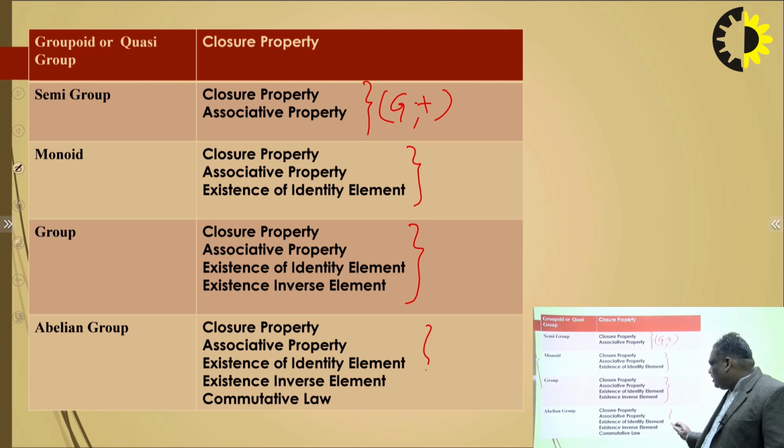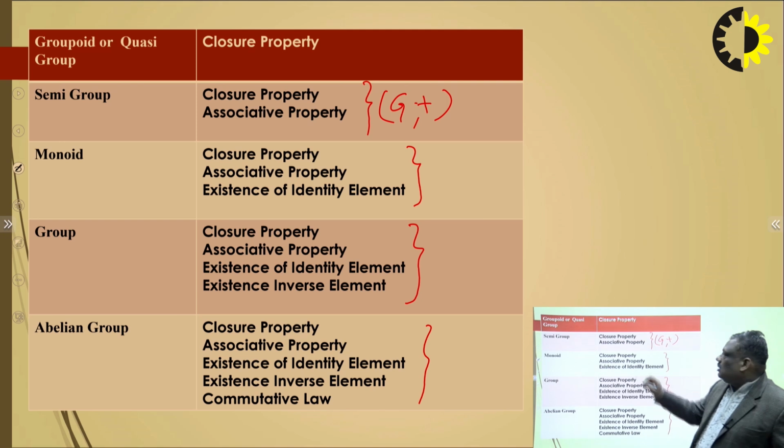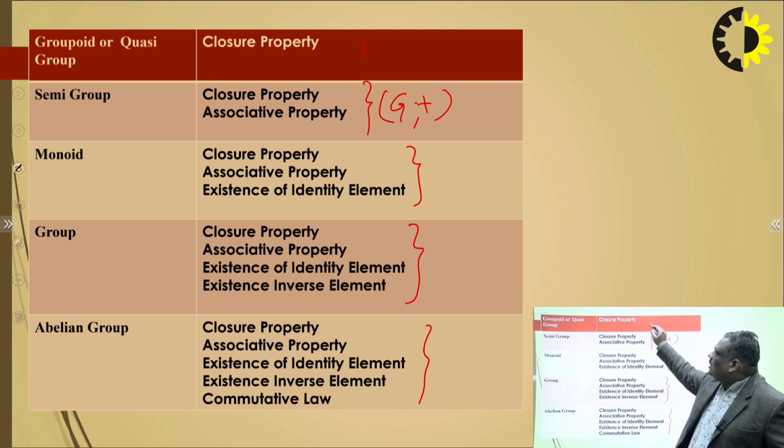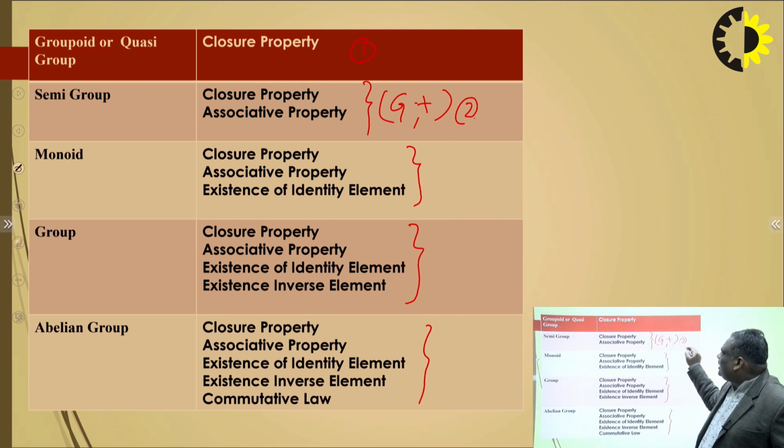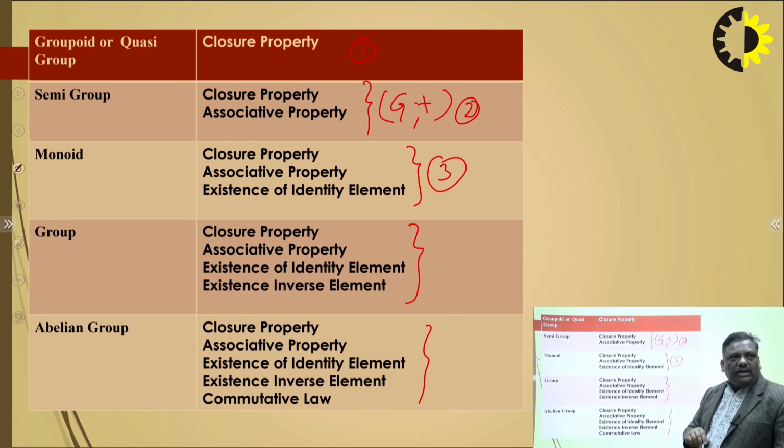So, one by one we can prove: if only one property, closure, then groupoid or quasi-group. For two properties, closure and associative, that means semi-group. Three properties, closure, associative and existence of identity element, this one is a monoid. If we have four properties, closure, associative, existence of identity element and existence of inverse element, this one is group.